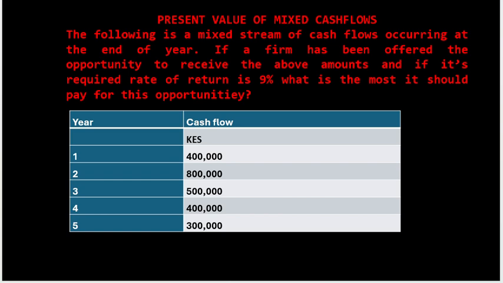So how do we proceed in answering this question? We discount each of these cash flows, then we get the sum of the discounted values. Like in this case, we have 5 years, so we can deal with the 5 years as I'm illustrating. That is year 1, year 2, year 3, year 4, and year 5.